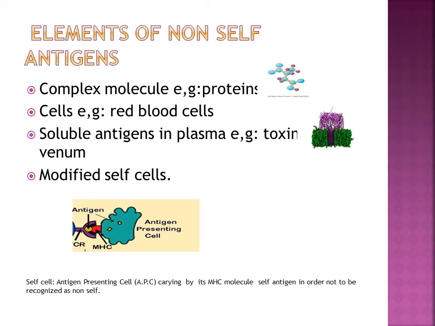So the self cell will manufacture non-self peptide and represent it on the membrane by the polypeptide chain of HLA. Then the self cell will become a modified cell carrying self-HLA and non-self protein. Okay?